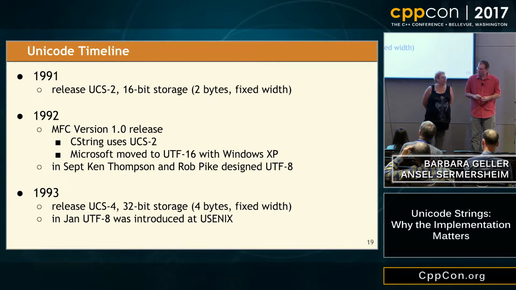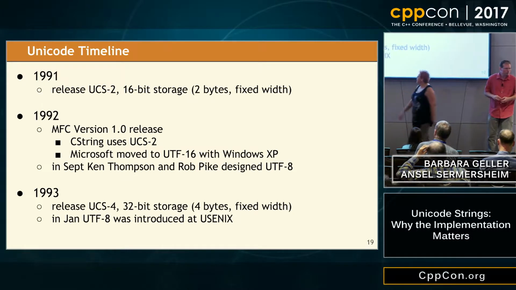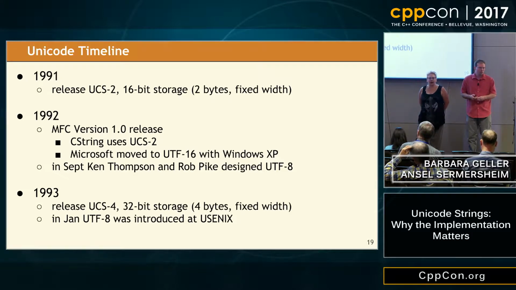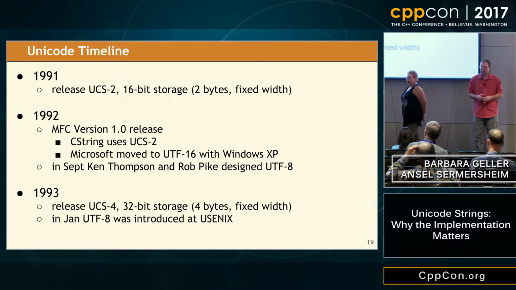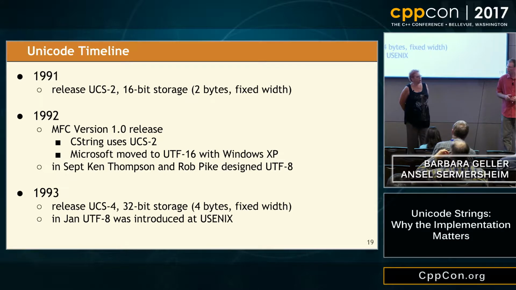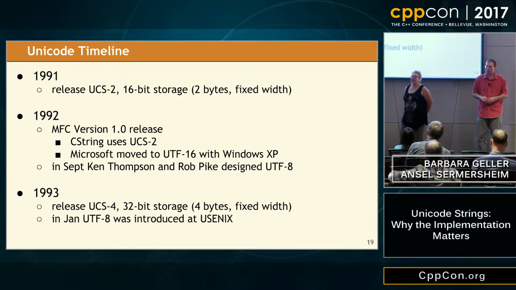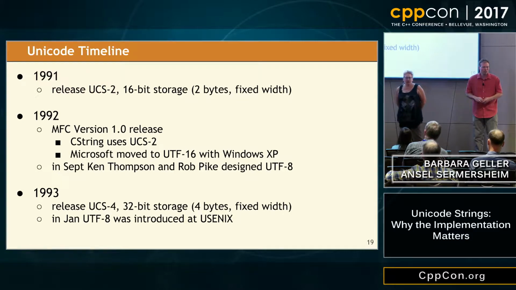Something happened in 1992, and actually reading the history of this is quite fascinating. Ken Thompson and Rob Pike designed UTF-8 on a napkin. They were contacted by a particular group, X/Open, which was asking for a better standard to encode characters. It's a very interesting story.